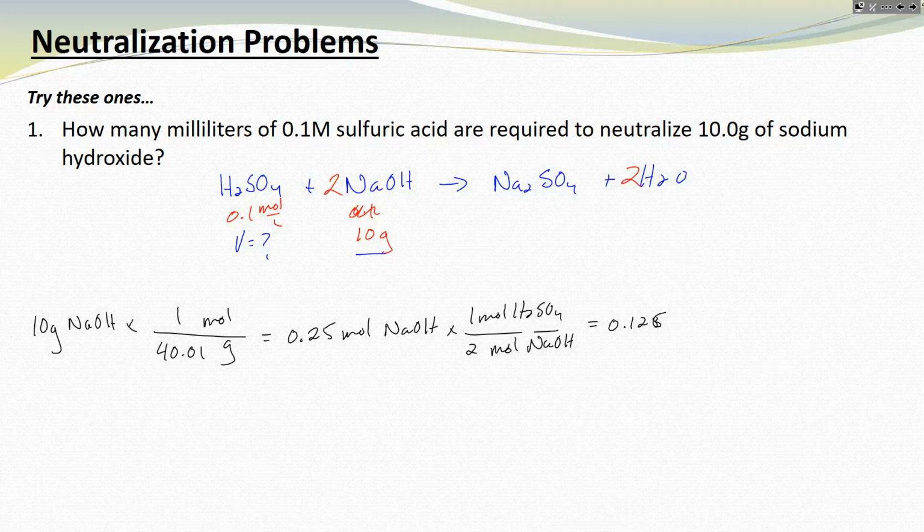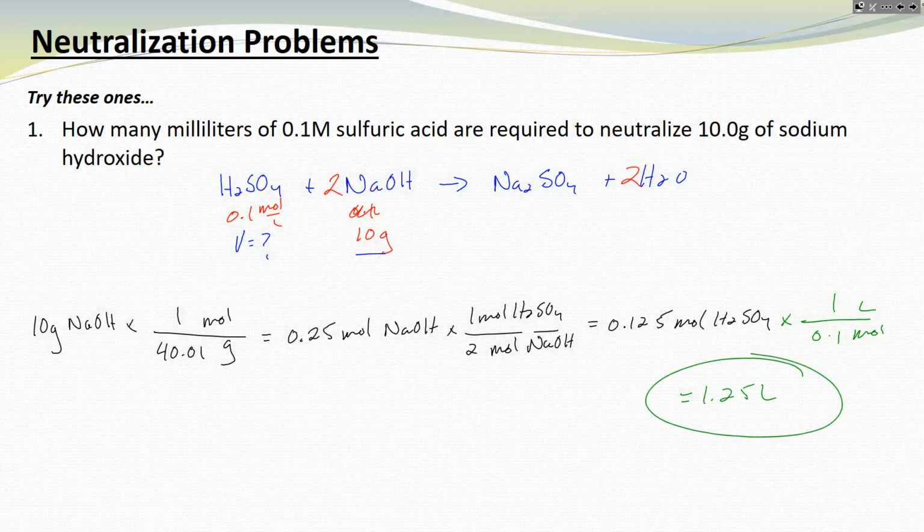So that's 0.125 moles of H2SO4. Now at this point we have the moles per liter, so I want to get rid of moles. Moles got to go on the bottom and liters on top. So we know the moles per 1 liter is 0.1. So I'm taking my answer and dividing by 0.1, and the answer is 1.25 liters of H2SO4.